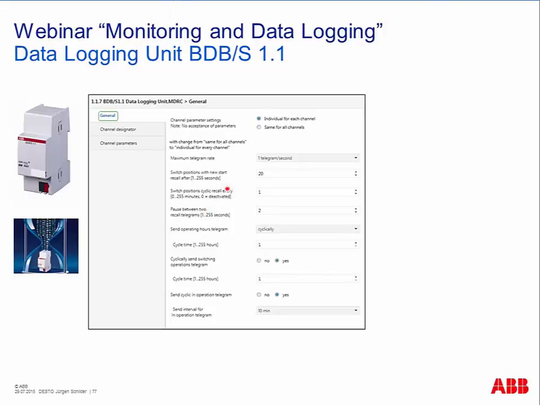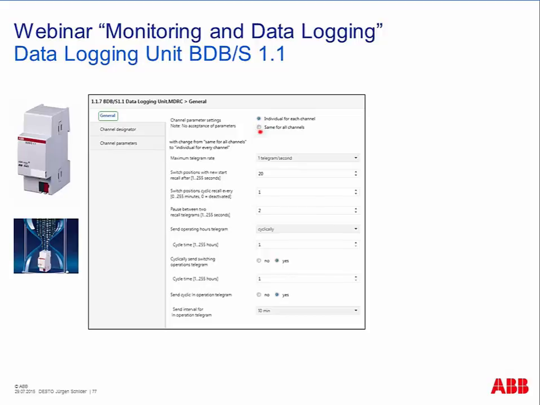Here we have the first parameter of our ETS window, the general parameter. You can set, for example, how you would like to do the parameterization: individually for each of the channels, or, when you tick it here, all settings apply to the complete device.